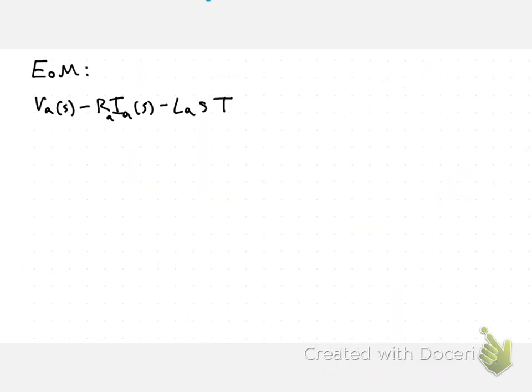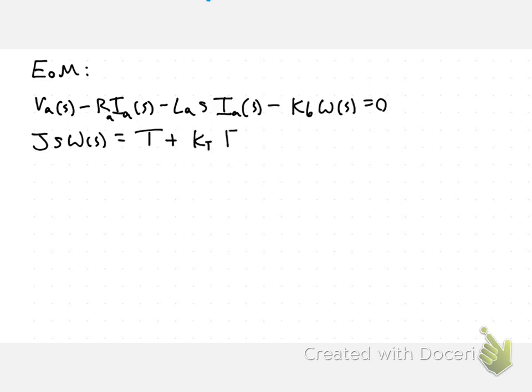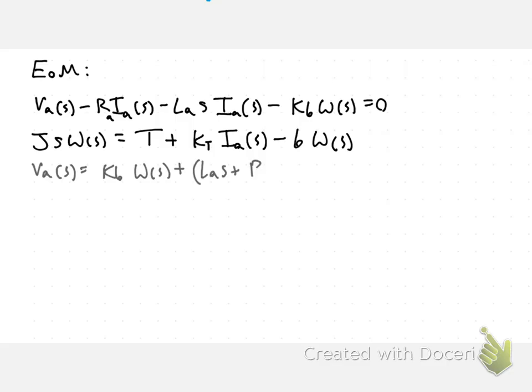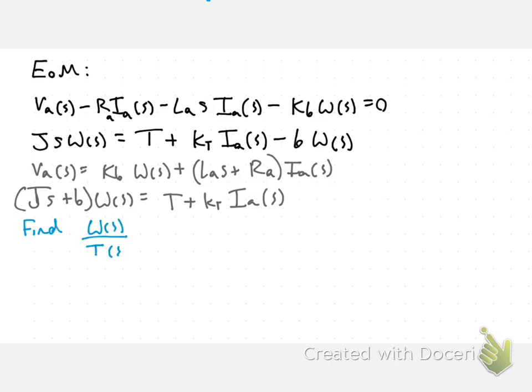Write those equations of motion again. We'll have everything in the Laplace domain, initial conditions set to 0, and we can have everything simplified as much as possible by just writing things in terms of K_T and K_B, omega, and I_A. And if we want to find our omega with torque as our input, it becomes a multi-input, single-output system.